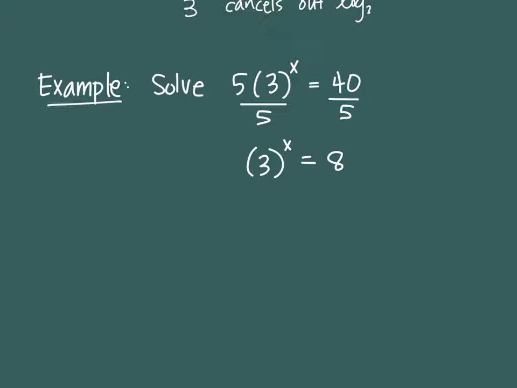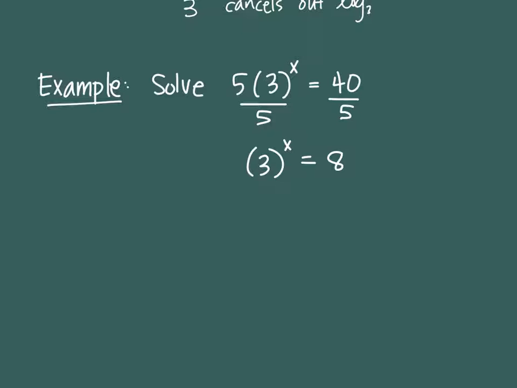Okay, now what do we want to get rid of? The 3. What do we need to get rid of the 3, which is different than how we got rid of the 5? It's different because how is the 5 connected to the 3? What's parentheses mean? Multiplication.